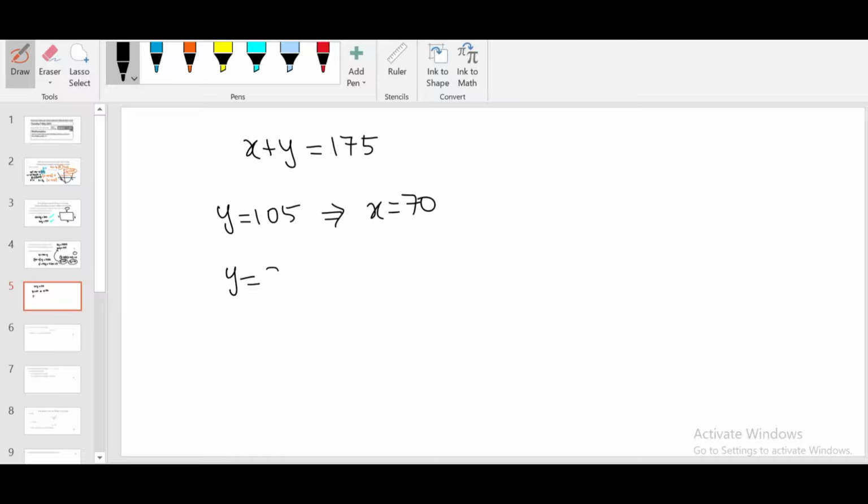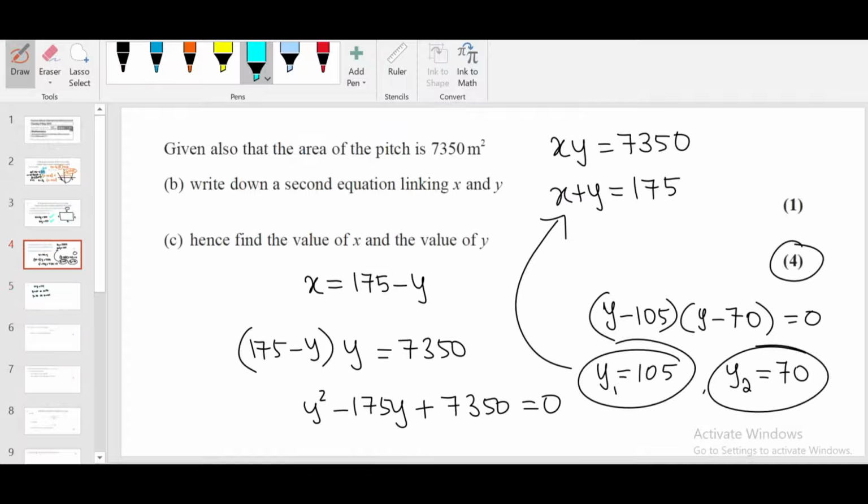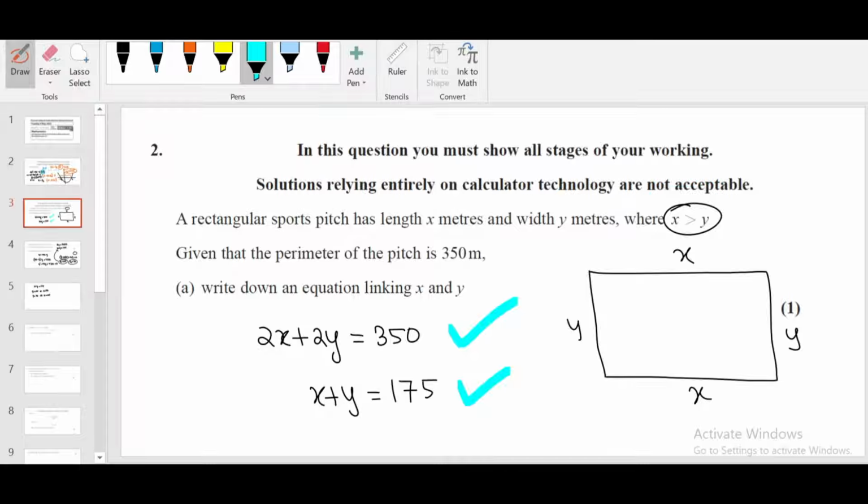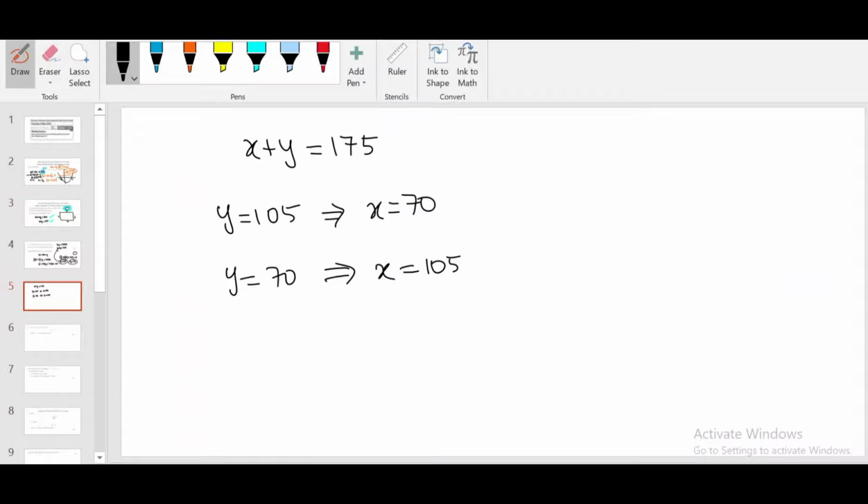If y is 70, x is 105. But the question clearly says x is bigger than y. So you need to take this solution. Therefore, you need to write it very clearly. x is equal to 105, y is equal to 70.